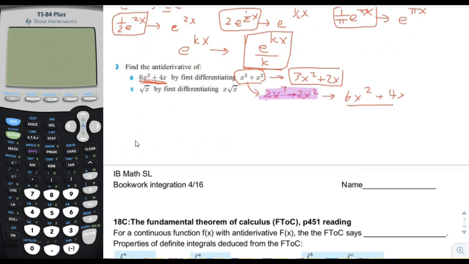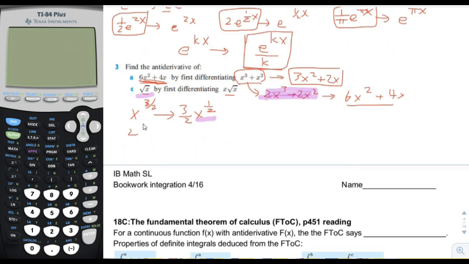Then it says find the antiderivative of the square root of x by differentiating x square root of x first. So x square root of x is actually equal to x to the 3/2. If I take the derivative of x to the 3/2, I would get 3/2 x to the 1/2. Now I say, oh, x to the 1/2, that is exactly what we want, but I have a coefficient of 3/2 in front, which I didn't want.